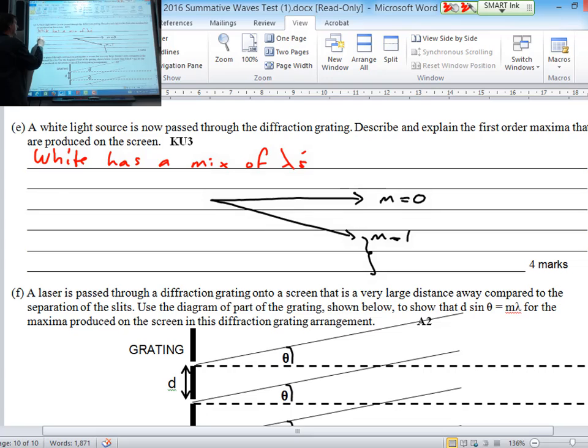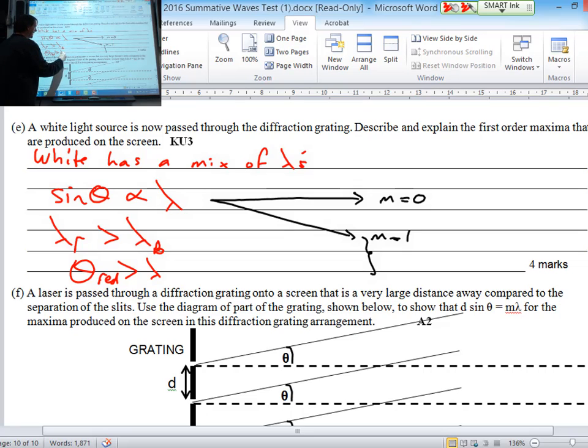You should also point out that we know that the sine of the angle is proportional to the wavelength. Naturally, if the wavelength of red is bigger than the wavelength of blue, we'd expect the angles to do the same thing. The red angle is going to be bigger than the blue angle and everything else in between. Okay? So that's why you're going to get a range of angles for the different colours. They're going to spread, and you're getting a spectrum from violet going down to red.